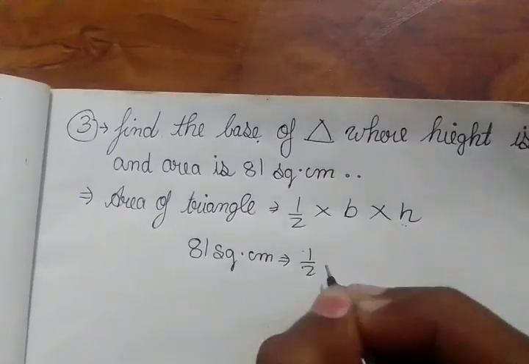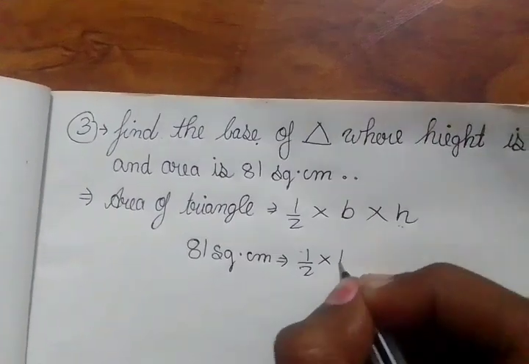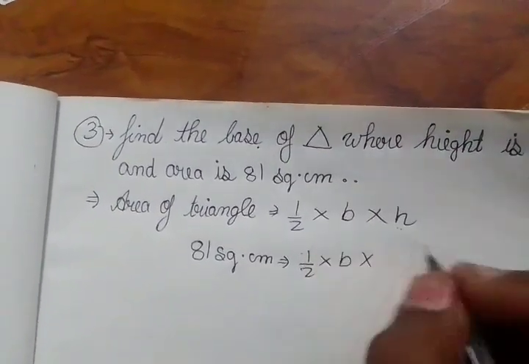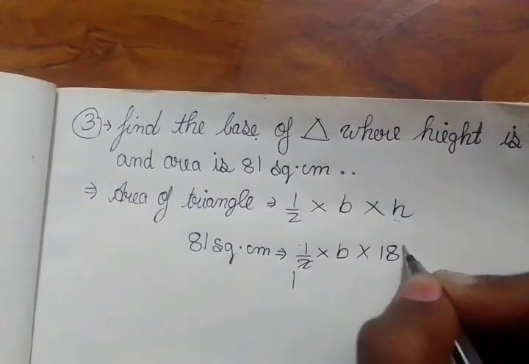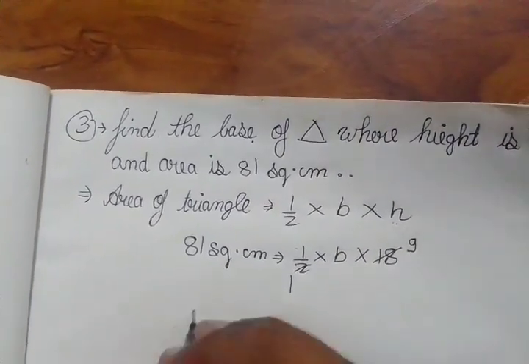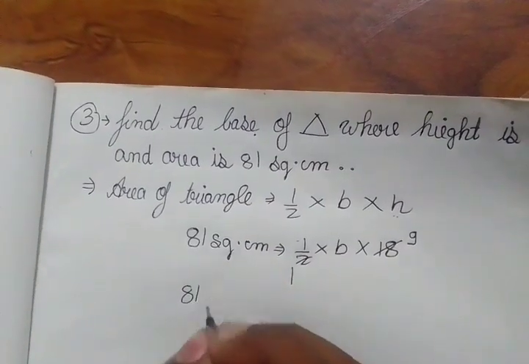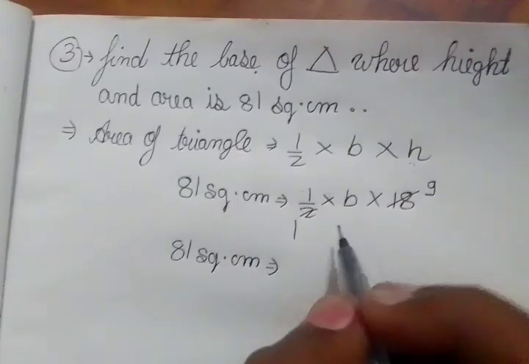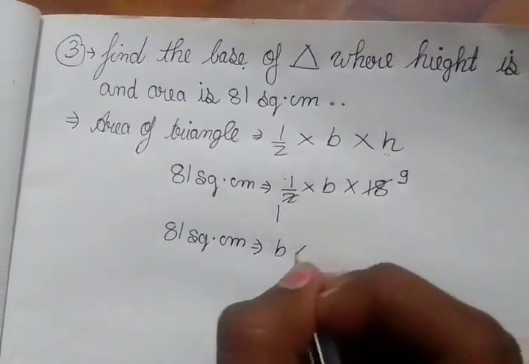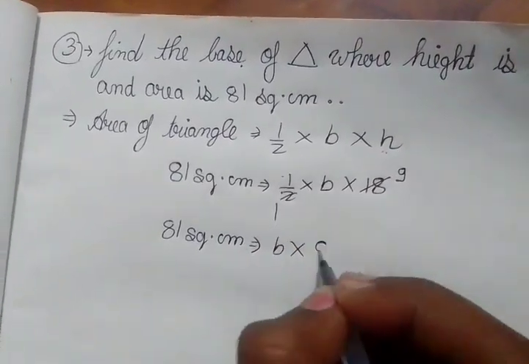And 1 by 2, the base is not given, where we will write b only, and the height is 18. So 2 1s are 2 and 2 9s are 18. So we will write 81 square centimeter equal, so this will be b, and 9 1s are 9.